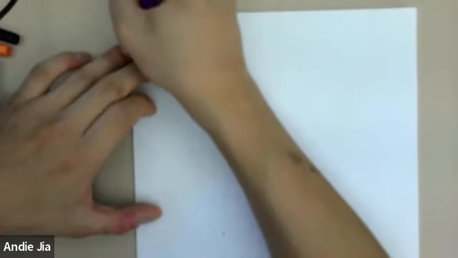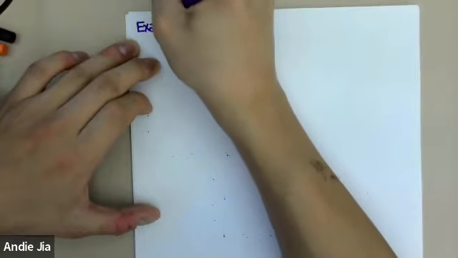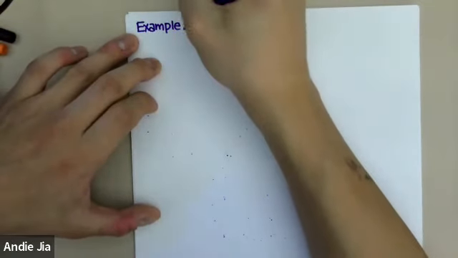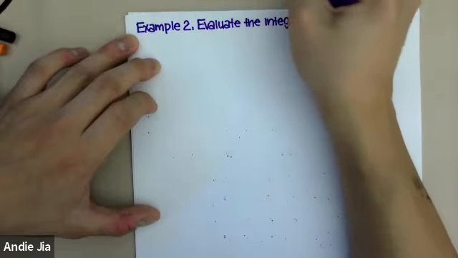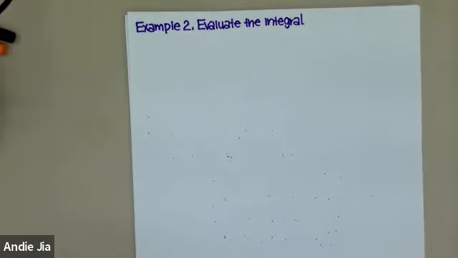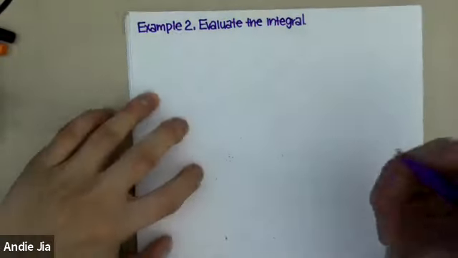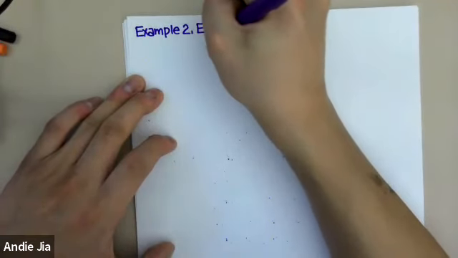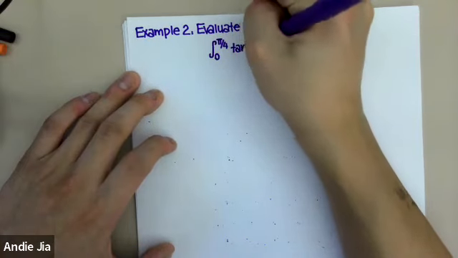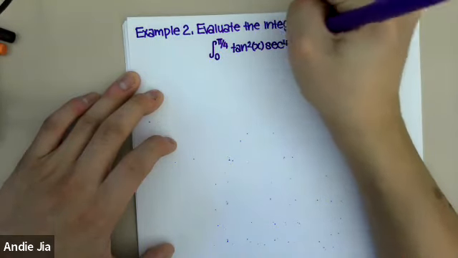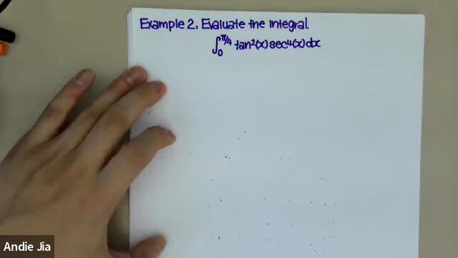Let's do another one. Example 2: evaluate the integral from 0 to pi over 4 of tangent squared of x, secant to the power of 4 of x, dx. Don't forget the trig identity that you're going to use.